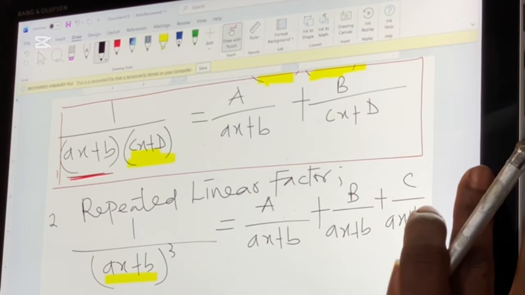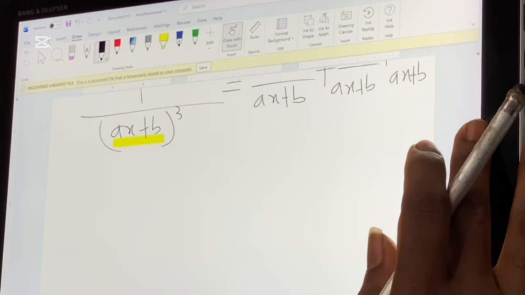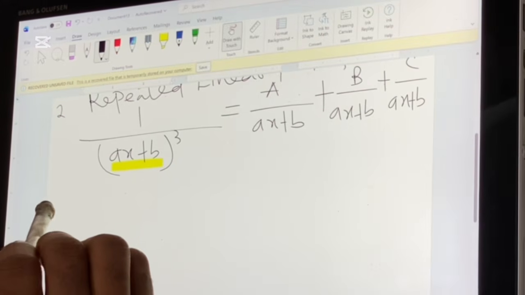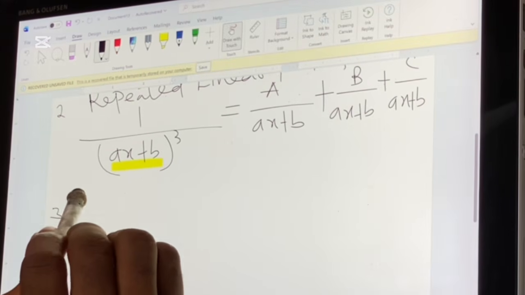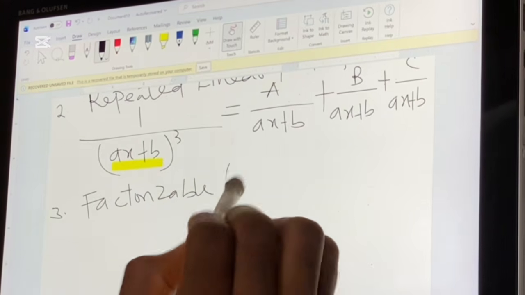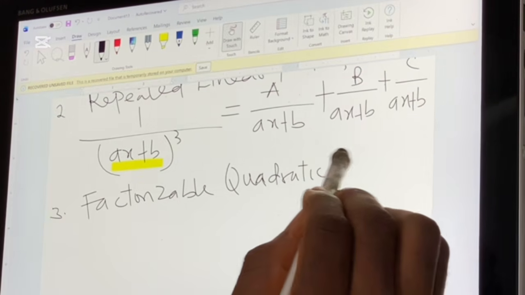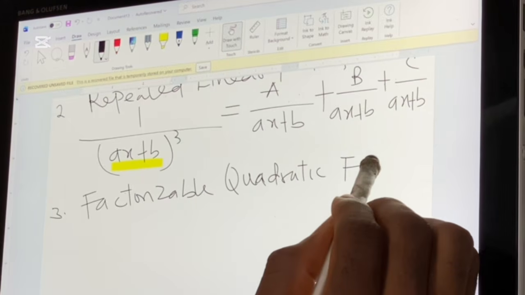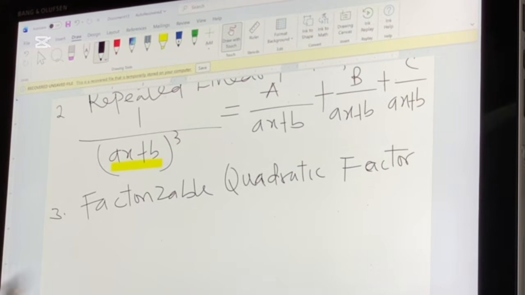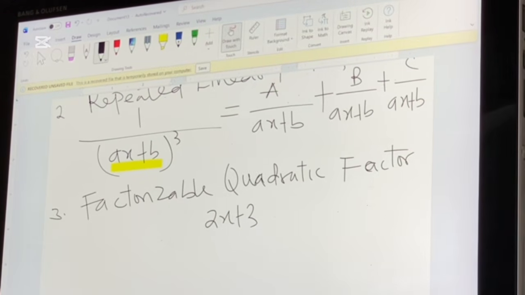So the next factor we are going to consider here, class, is factorizable quadratic factor. If I have 2s plus 3, we said this is linear.